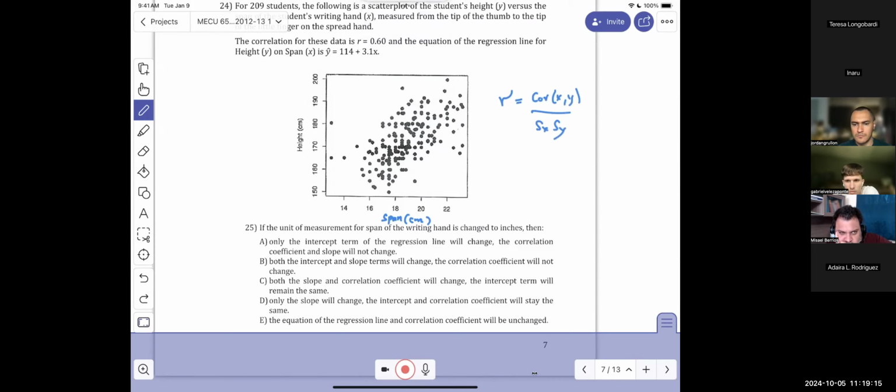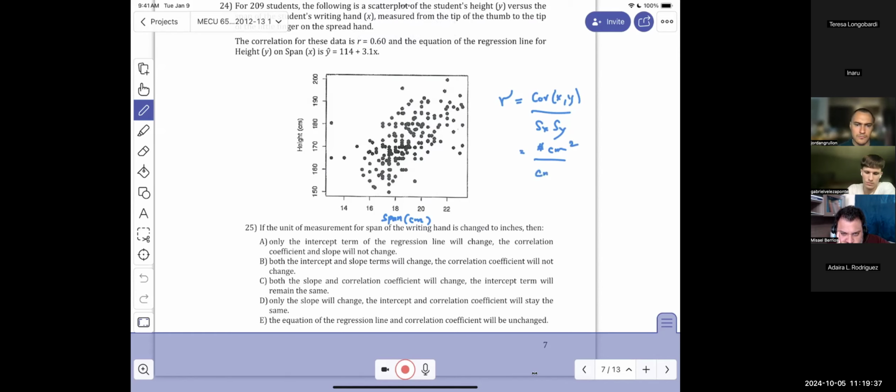I demonstrate this in the beginning of the notes. If you have some number in centimeters, this is going to end up being squared, centimeters squared, which we don't use, remember?